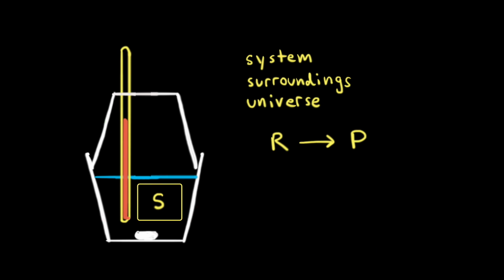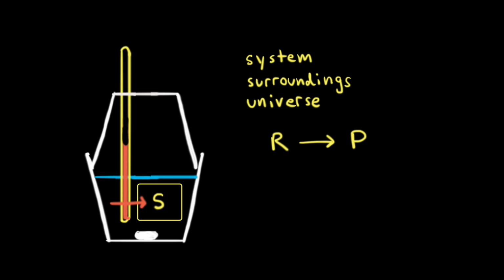Finally, let's think about an endothermic reaction. In an endothermic reaction, heat is transferred from the surroundings to the system. So here we can show heat flowing from the surroundings to the system. Since energy is leaving the surroundings, the temperature of the water will decrease for an endothermic reaction.